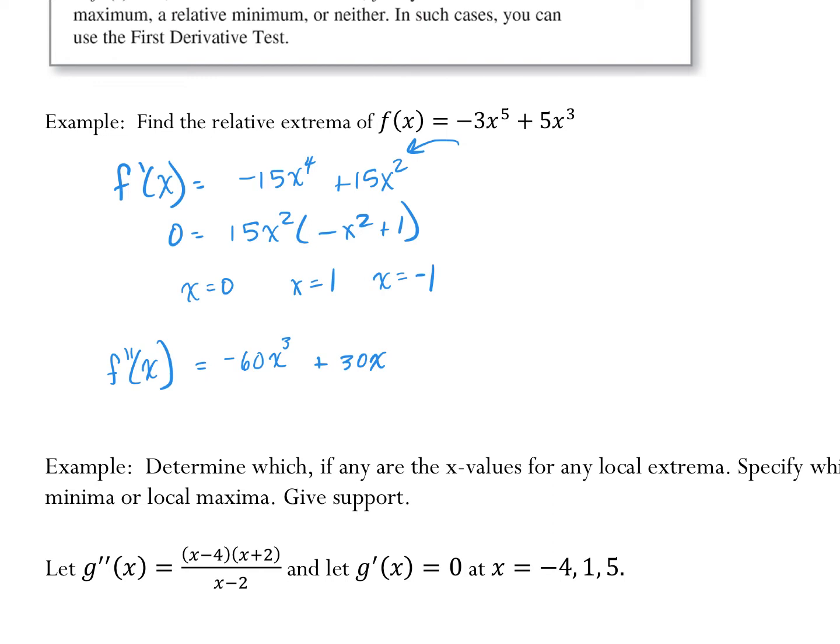All right, so the question becomes, at x equals 0, is there a maximum, a minimum, or I don't know? And all we have to do is say, well, what is the second derivative at 0? 0. So does that suggest concave up? Does that suggest concave down? So at x equals 0, this is inconclusive. The second derivative test is inconclusive.